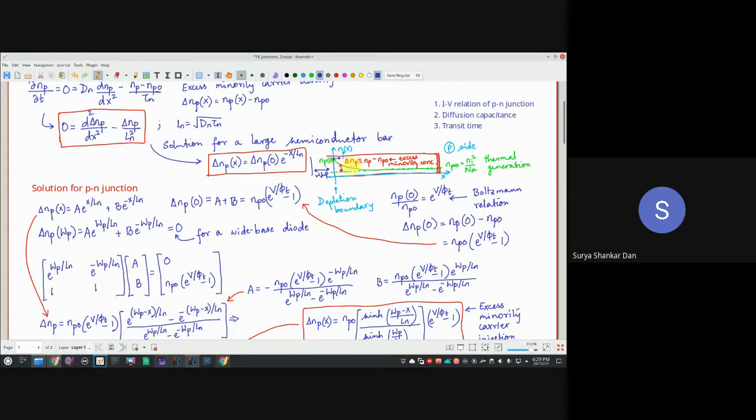But if the diffusion component decreases, where are those electrons going? That component of the current, whatever is decreasing from the diffusion current, will essentially contribute to the increase in the drift component. The way I showed you, the drift will be exactly like this. So drift plus diffusion, for example, here diffusion is 0, drift is maximum.